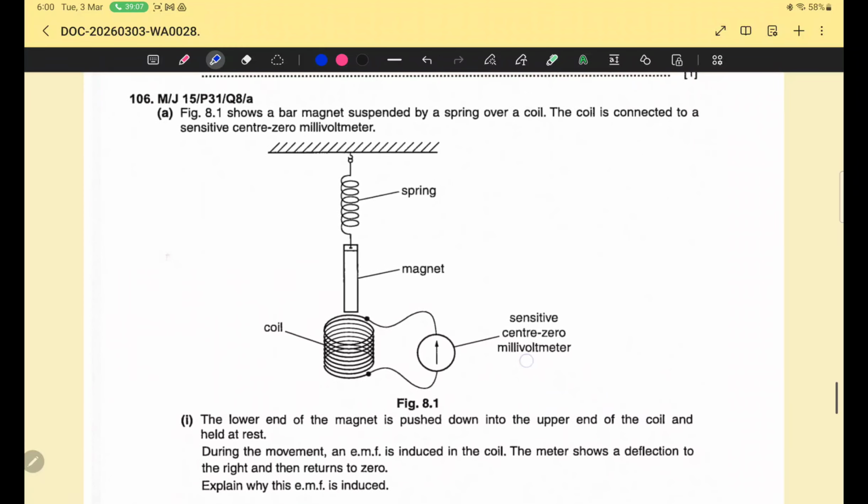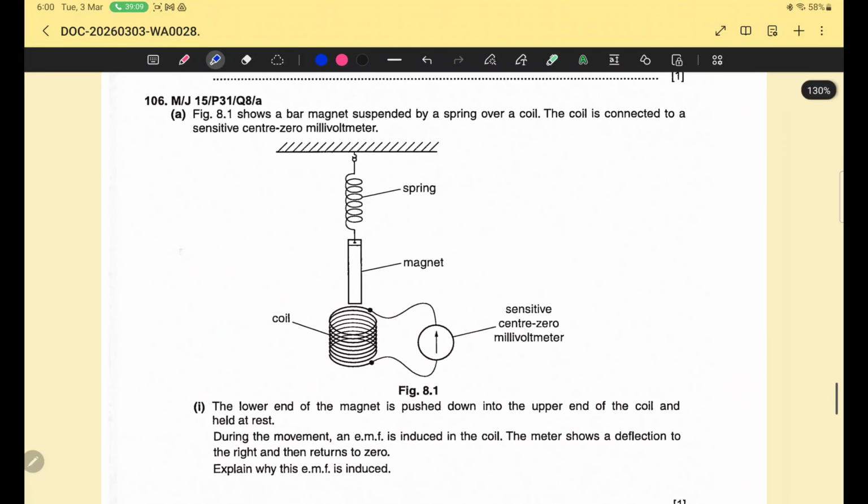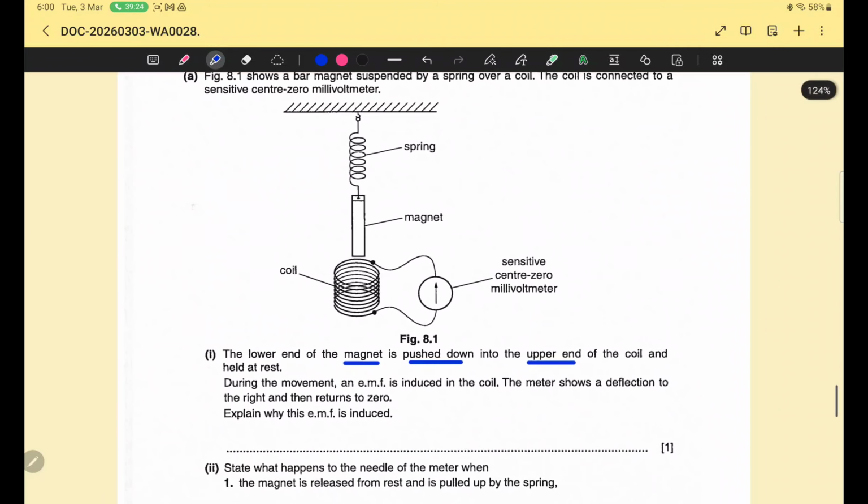And now this is another question, question 106. The lower end of the magnet is pushed down into the upper end of the coil and held at rest. During the movement, induced EMF is produced in the coil.